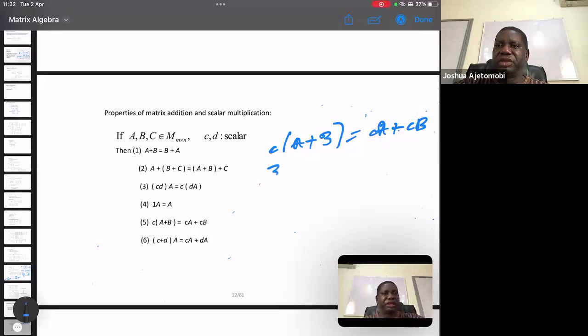Let us define 2 matrices. A is equal to 2, 4, 1, 1. And B is equal to 1, 1, 3, 4.